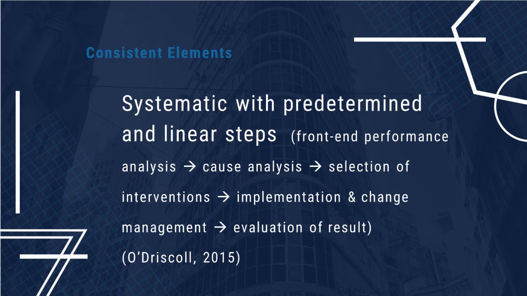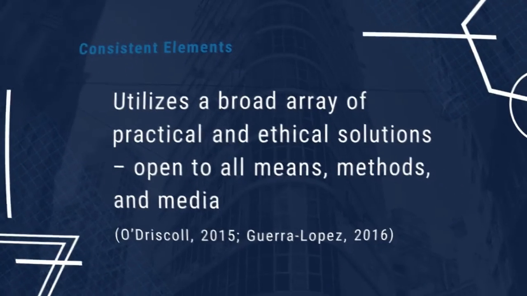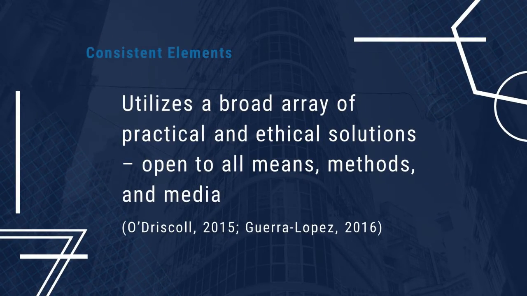Now these steps are iterative, methodical, and perpetual. And this systematic and cyclical approach is what cultivates within an organization a natural mindset for continuous improvement. Finally, professionals agreed that HPT entails coming up with and applying a broad array of practical and ethical solutions that may or may not require training.